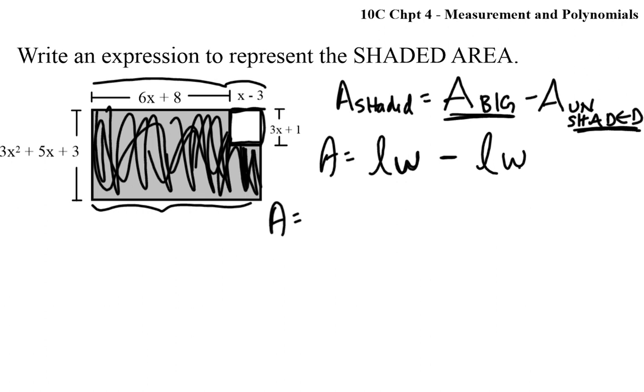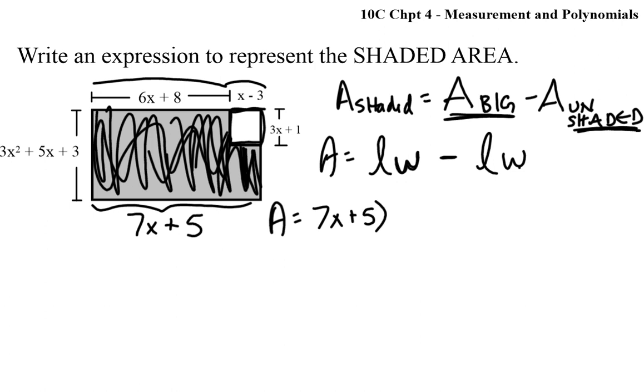That gives us 7x plus 5. So 7x plus 5 is our full dimension.